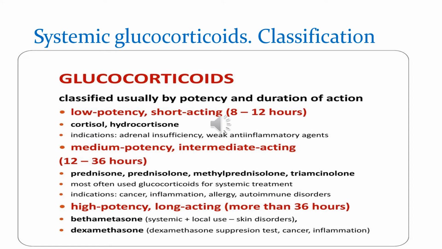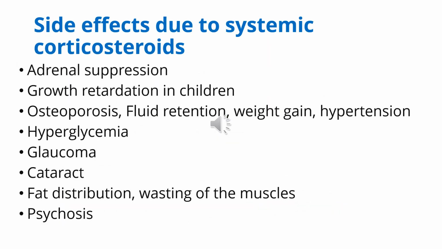Long-acting, more than 36 hours: betamethasone and dexamethasone. Side effects due to systemic corticosteroids: adrenal suppression, growth retardation in children, osteoporosis, fluid retention, weight gain, hypertension, hyperglycemia, glaucoma, cataract, fat redistribution, wasting of muscles, psychosis.